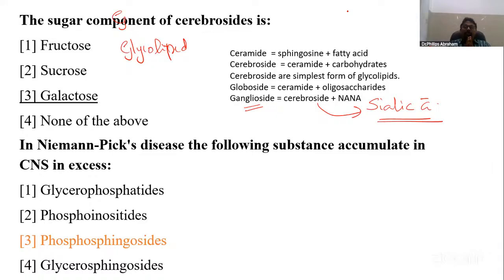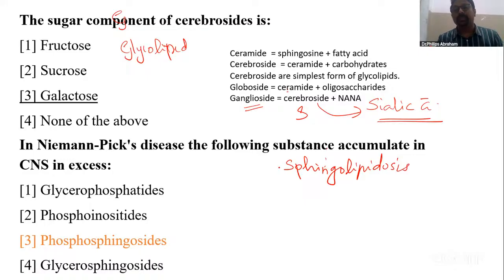Now, usually any compound in the body, after its function, after its half-life, will get digested and removed. Sometimes, if the glycolipids accumulate because of the absence of some enzyme, in simpler terms we use the word sphingolipidosis, meaning accumulation of sphingolipids.